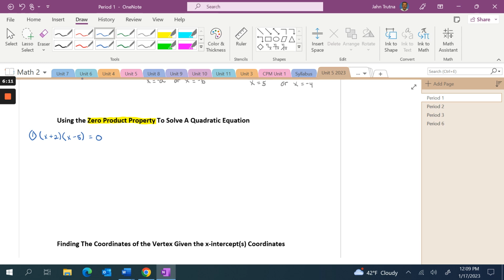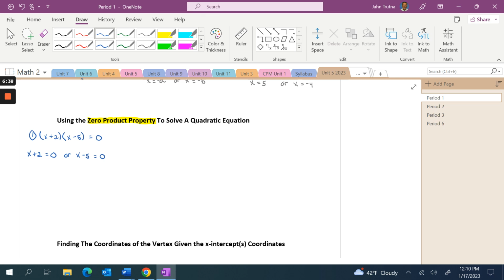It tells us that to solve this, x plus 2, that quantity, has to be equal to 0, or the other quantity, x minus 5, has to be equal to 0. So the zero product property tells us that one of those two or both of those quantities has to be equal to 0.